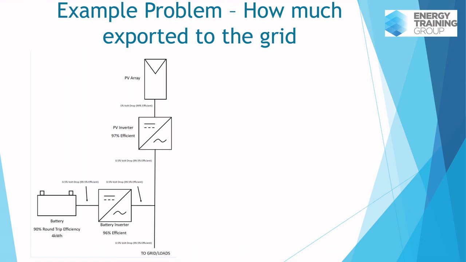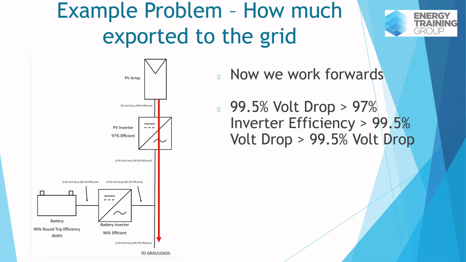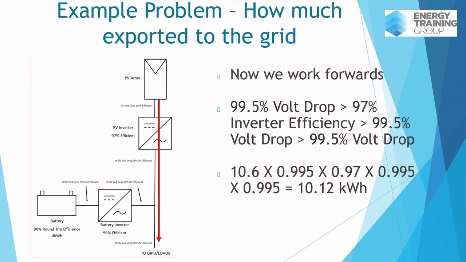So again, let's look at our circuit path from our array to our loads, and this time we're going to work forwards, right? So this time we want our number to get smaller. We know we've got 99.5% volt drop, 97% inverter efficiency, and 2 sections at 99.5% efficient for volt drop.